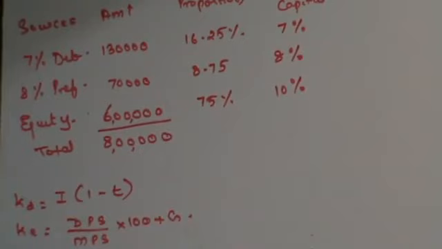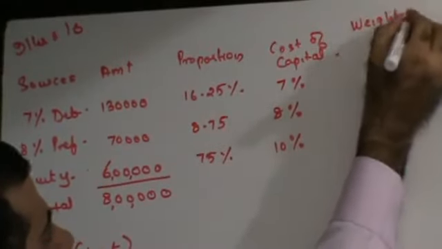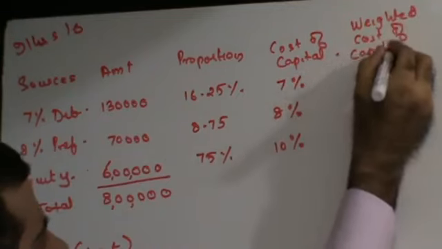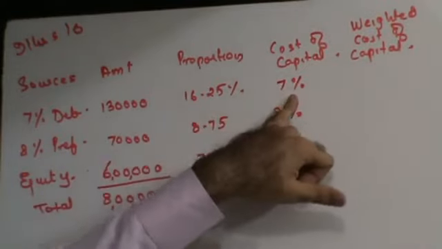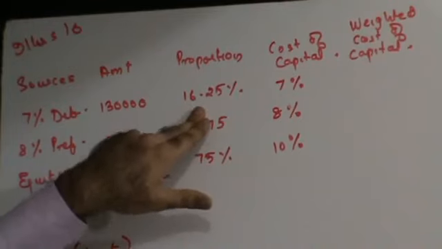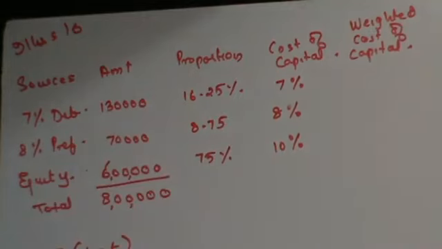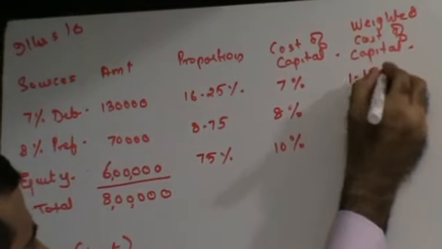Then you can find out your weighted cost of capital. How do I get weighted cost of capital? Proportion into cost of capital. While doing this, consider one as a number and the other as a percentage. So 16.25 into 7% is 1.13%.